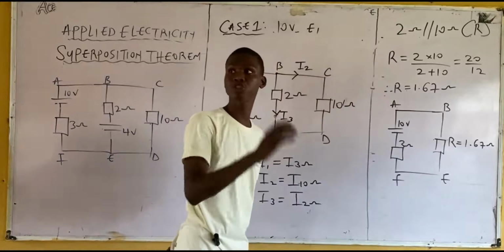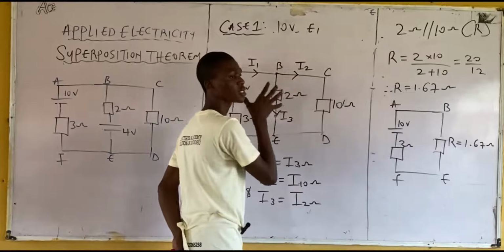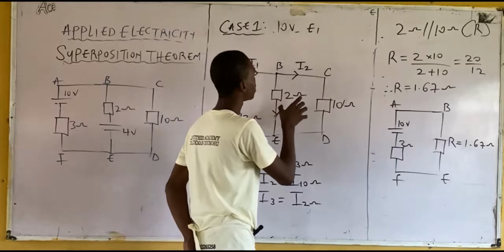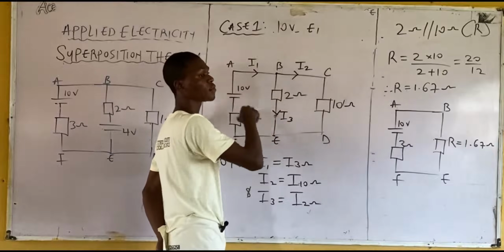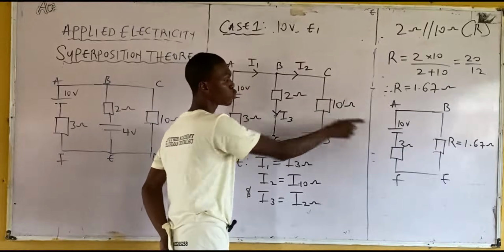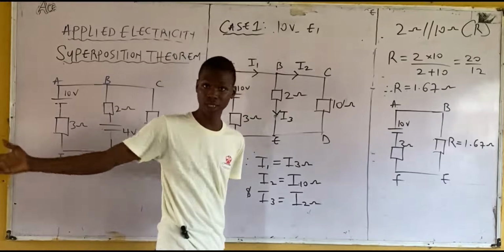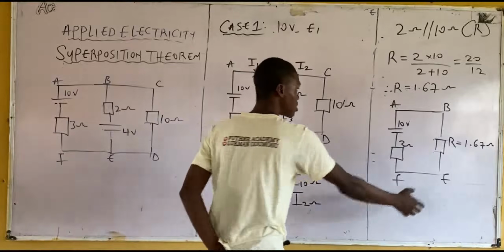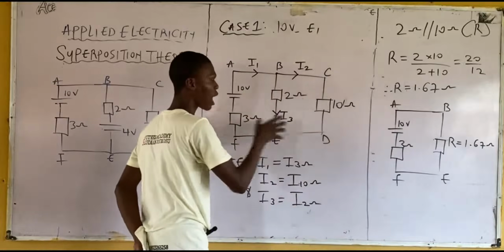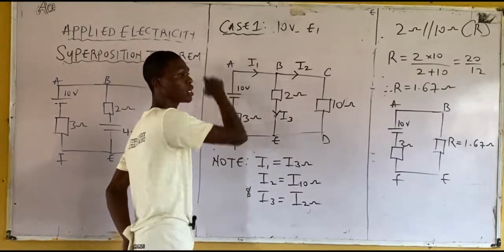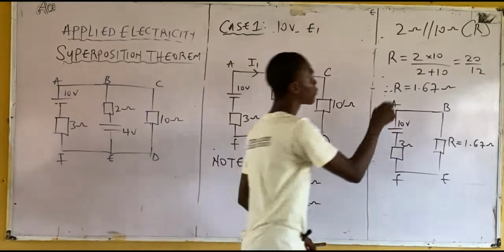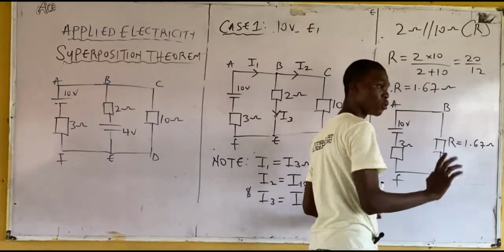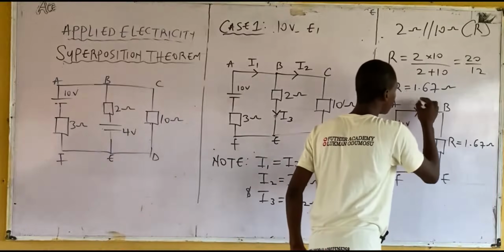Now, I want you to check this circuit diagram. The current we have in this circuit diagram is what here? I1. That's it. We brought this diagram out of this place, and from here we can see that it is I1 that is passing through it. So from here too, I will still write I1.